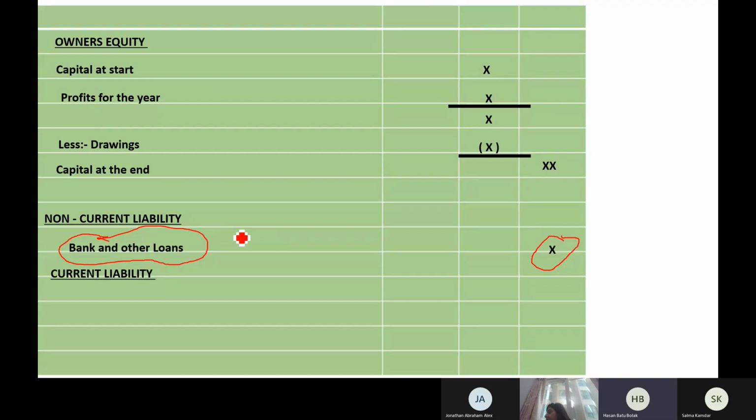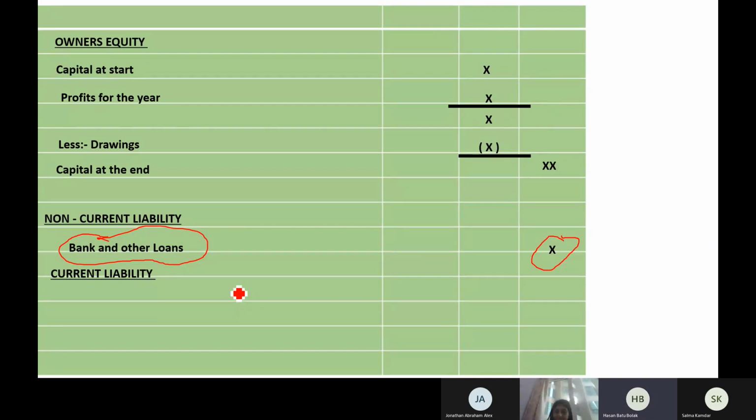Current liability. What comes in current liability? We said it.